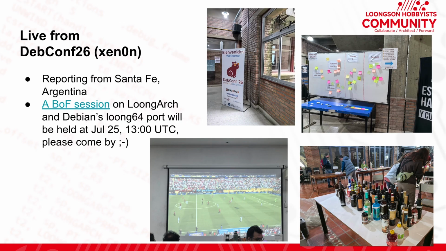This year, the Loongson hobbyist community has been a sponsor for this year's DevConf, and I've brought 2 machines kindly supplied to me by Mingcong and his friends, all the way from China to the other side of the earth in Argentina.